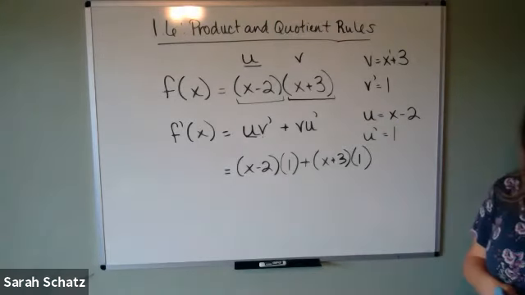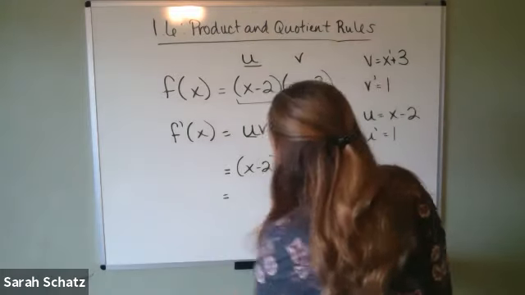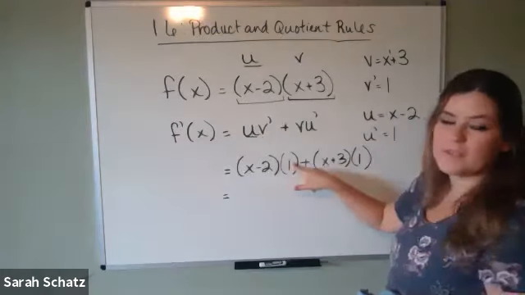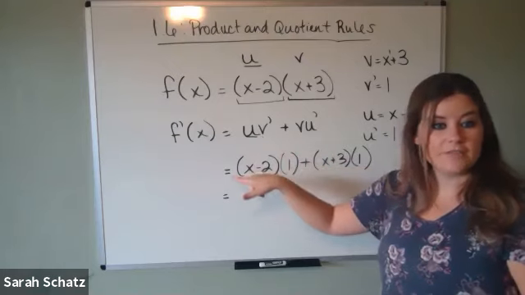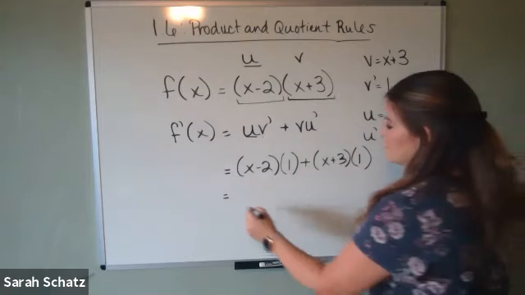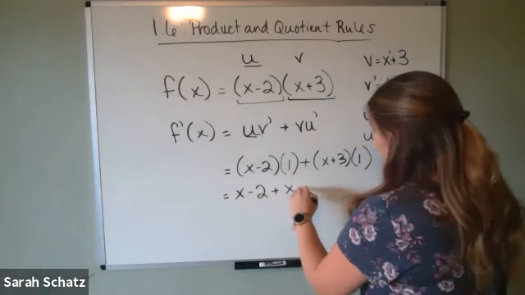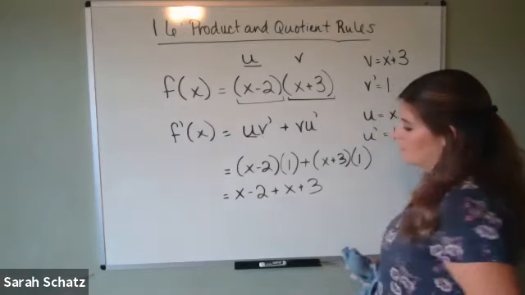So we get this, and then you just add. If this was something other than a 1, you would definitely have to distribute that. It is a 1, so I know what's going to happen here. I'm going to get x minus 2 plus x plus 3.